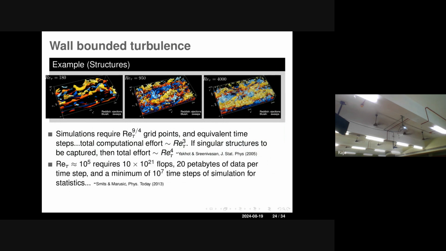And typically, the experiments go to 10 to the power 5 in wall friction Reynolds number. That requires something like 10 to the power 21 flops, and 20 petabytes of data per time step that one will be saving or handling. And a typical turbulent channel simulation requires 10 to the power 7 time steps to get accurate statistics.